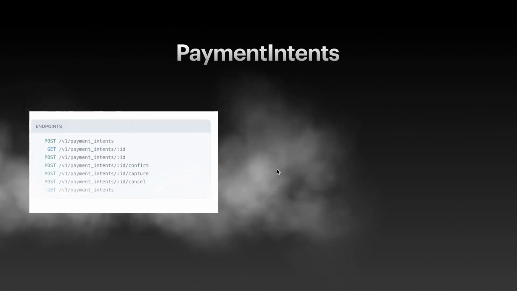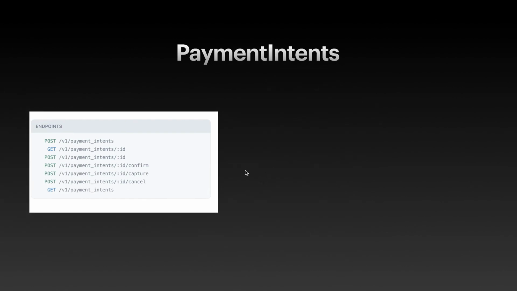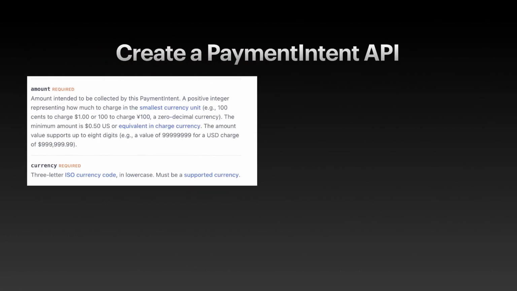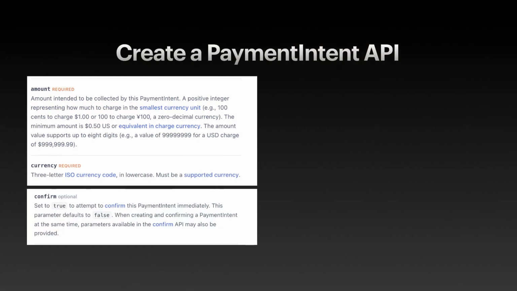So, payment intents. In this course, we're going to use payment intents. Here are the endpoints. To create a payment intent, you pass an amount, and a currency is required. You can set confirm equal to true.